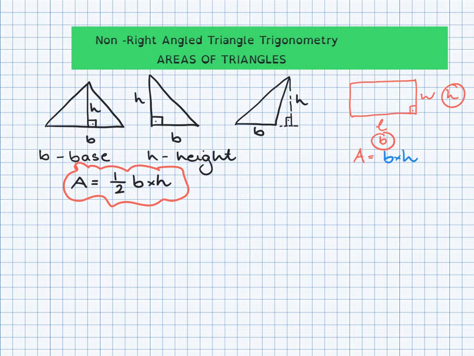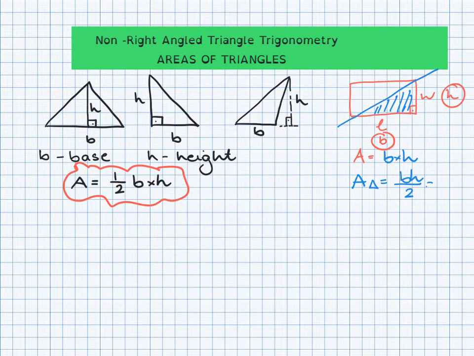Now what would happen if I have a line halving this rectangle? We're going to have two triangles. Have you noted that I said halving this rectangle? Which means if I halve this, I'm only going to have the area of a triangle, which has to be half of base times height.